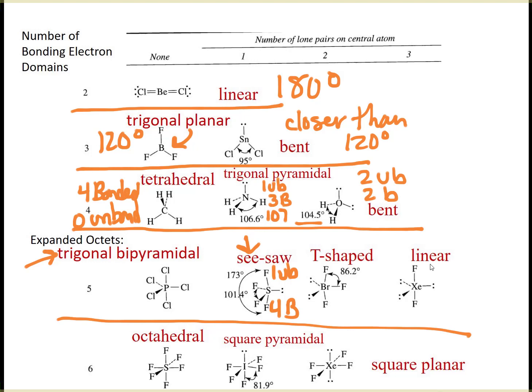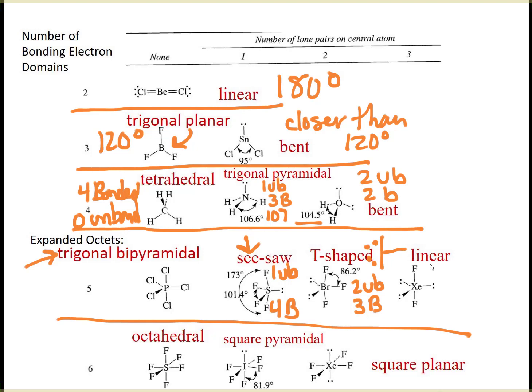T-shape, this would be 2 unbonded pairs and 3 bonded pairs. And you can see those unbonded pairs again would push the bonded pairs closer together. And they call it T-shape because sometimes it does look like this, with the dots out this way. But those unbonded pairs do push those bonded pairs a little bit closer together. So you can see it's not 90, it's a little bit closer together than 90.